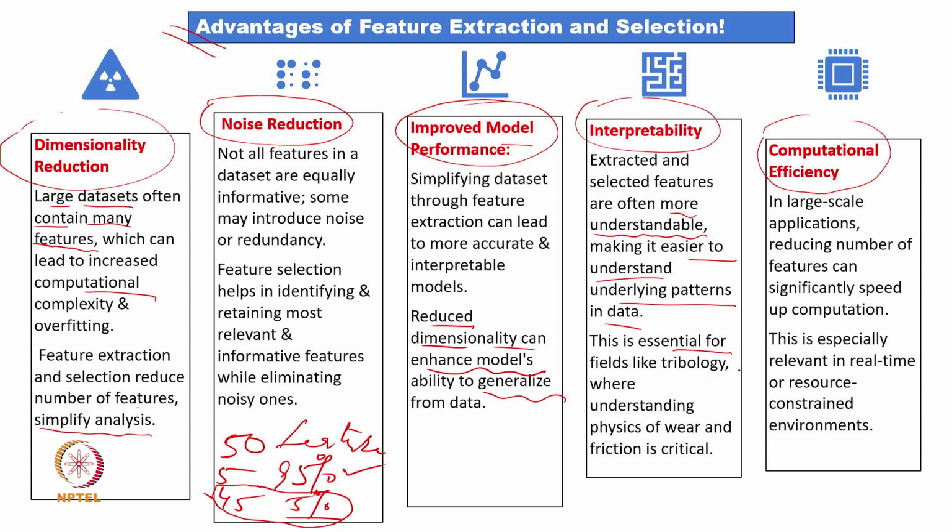So this is essential for the field of tribology, where the physics of wear and friction is critical. Almost every application has somewhat different friction and wear, and we need to understand using this kind of analysis, using the data and understanding the data, providing the predictive model in the situation.